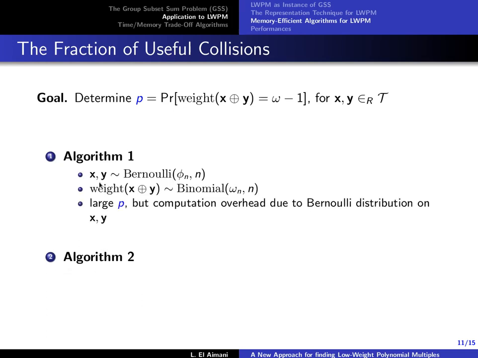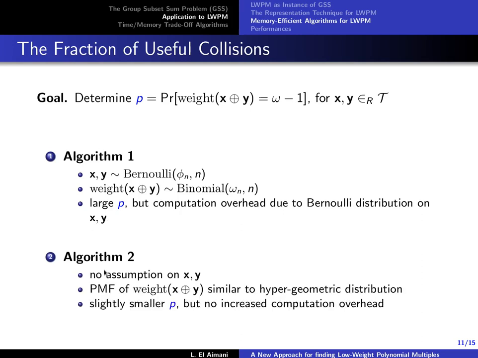Algorithm 1 assumes and puts in place a Bernoulli distribution on the vectors x and y, and therefore this random variable follows a binomial law, and this means that we get a large probability p, but we also get a computation overhead due to putting in place the Bernoulli distribution on x and y.